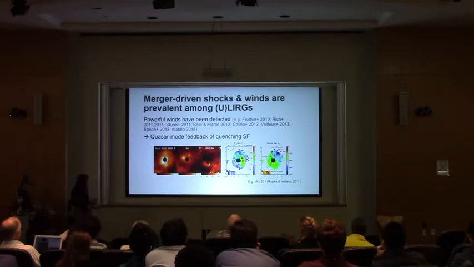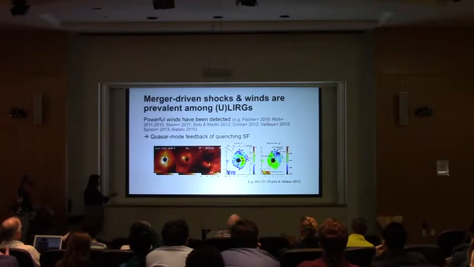So here's an example of Markarian 231, which is a bona fide QSO among the ULIRGs, and this is a Gemini GMOS IFU cube, which really shows the velocity of the neutral gas and the wind that's coming out of the quasar in this direction.